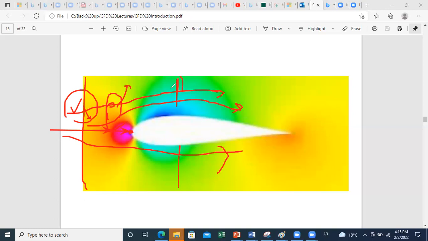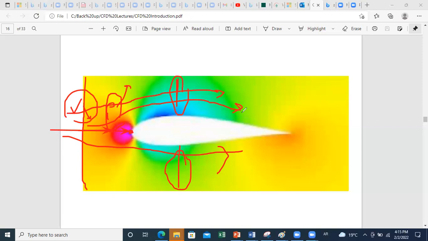So here the velocity will be relatively larger. This explains the lower pressure. They are always inversely proportional: for lower velocities you have a larger pressure, and for higher velocities, lower pressure.